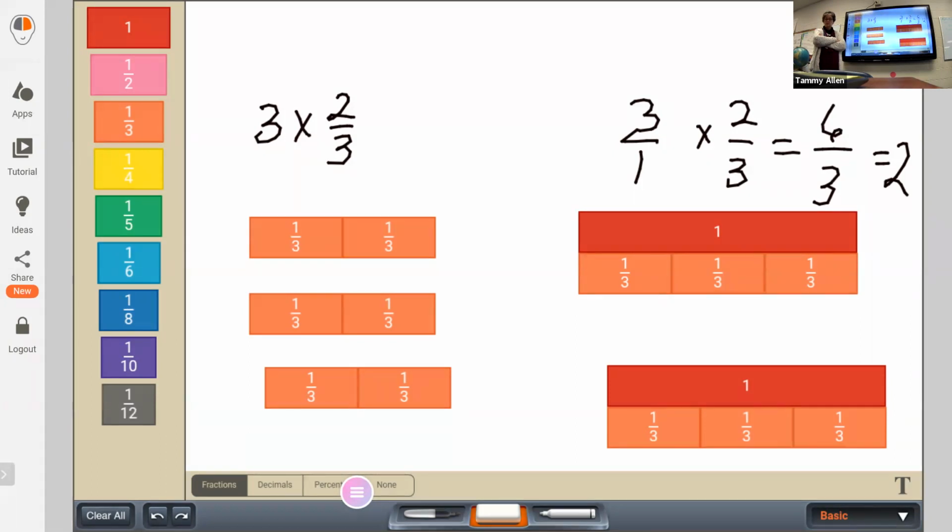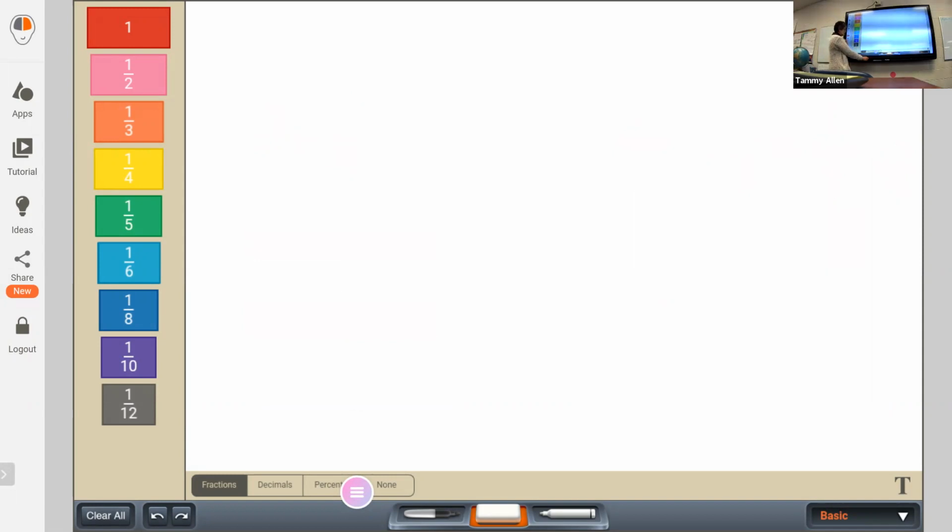Yes. But do you understand you would need both pieces for me to understand that you were showing me you started out with 3 groups of 2/3 and then that you combined them like this? All right. Let's do another one.